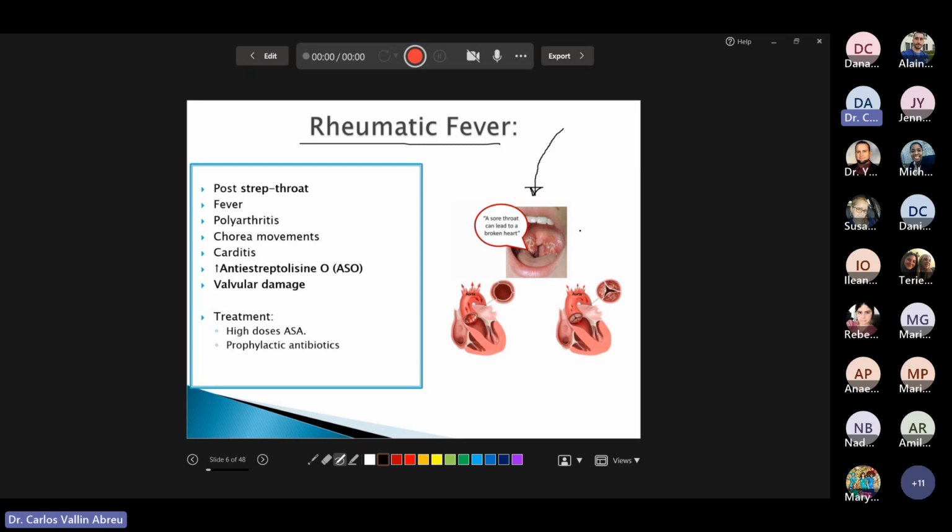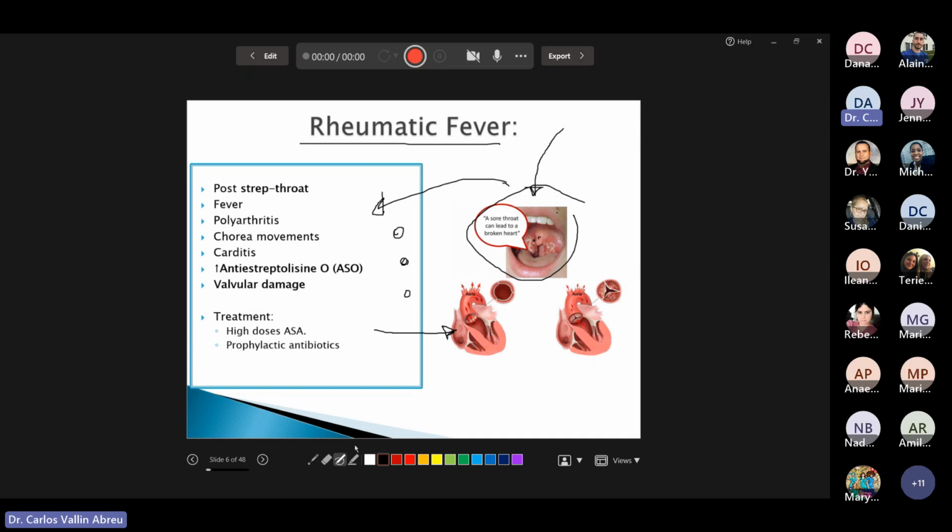Streptococcus A infection of the tonsils or the throat can trigger, even weeks after the tonsillitis, the strep throat, has already resolved, a wrong immunological response that can attack the joints, the lymph nodes, the skin, but especially the heart.